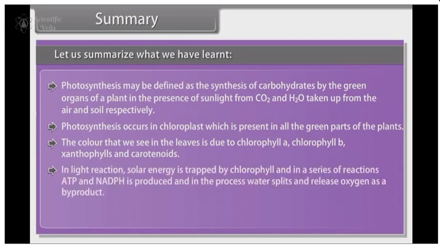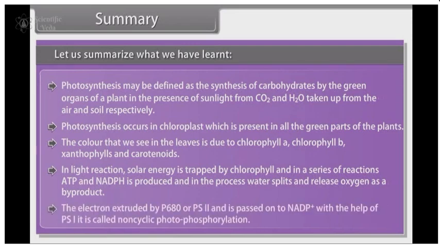In the light reaction, solar energy is trapped by chlorophyll and, in a series of reactions, ATP and NADPH are produced, and in the process, water splits and releases oxygen as a byproduct. The electron extruded by P680 or PS2 is passed on to NADP+ with the help of PS1. It is called non-cyclic photophosphorylation.